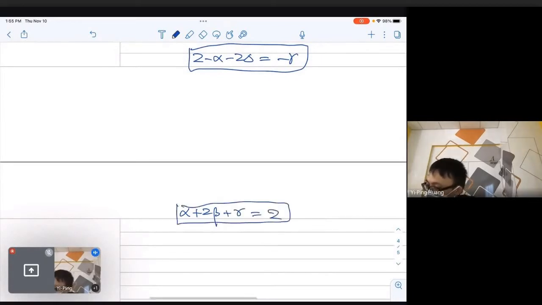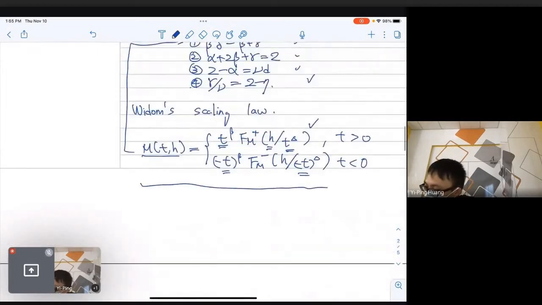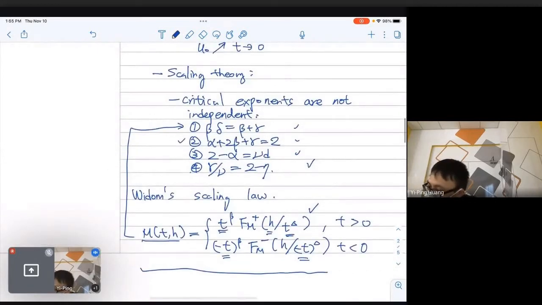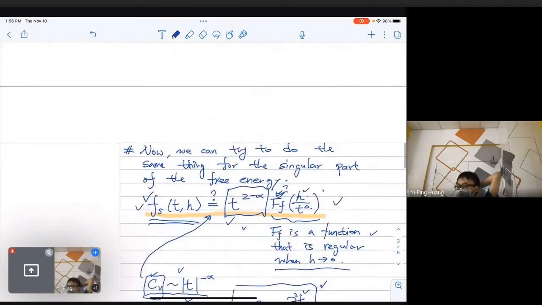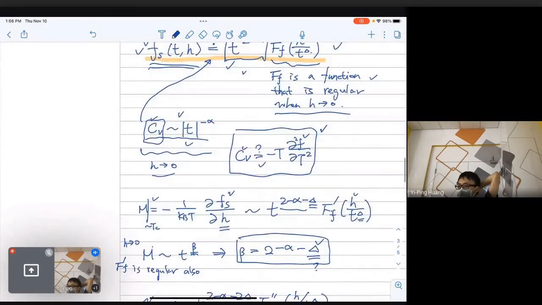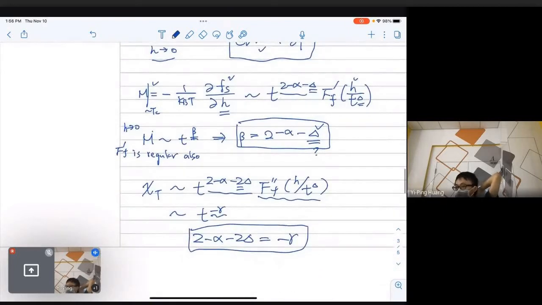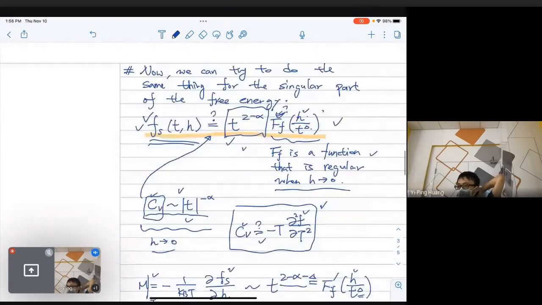That's the second relation for these critical exponents. At this point, you can already see why these critical exponents are not independent, because this critical behavior is all related to the critical behavior of your free energy.